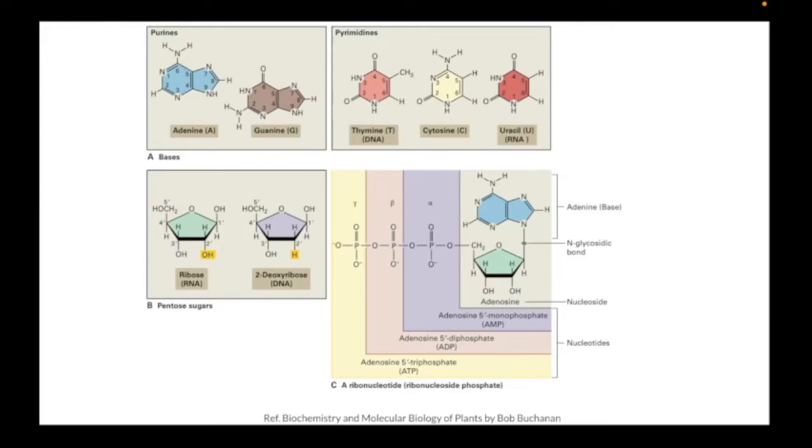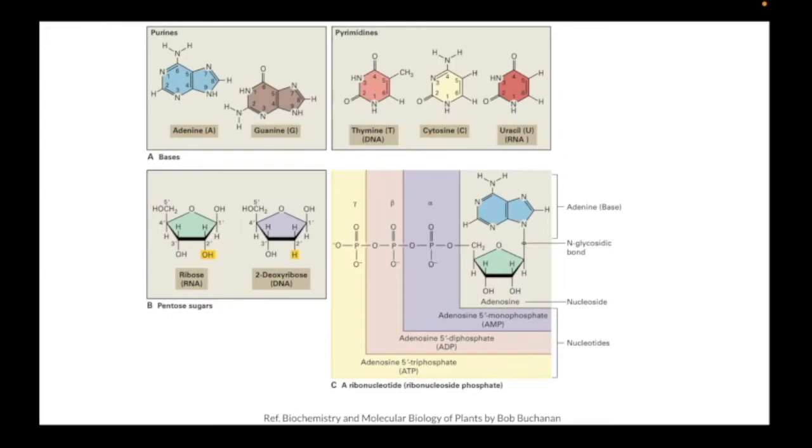The sugars are of two types, ribose sugar and 2-deoxyribose sugar. These are pentose sugars made up of 5 carbons. Ribose, a pentose sugar, is found only in RNA and 2-deoxyribose sugar, which is also a pentose sugar, is found in DNA.